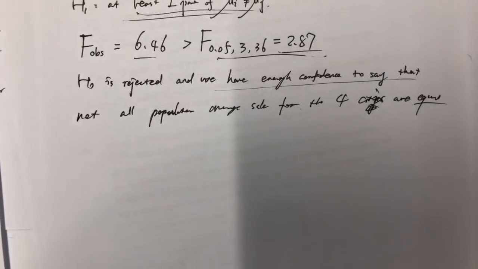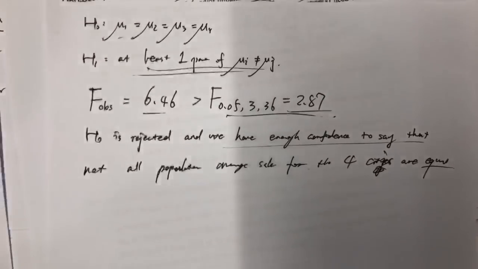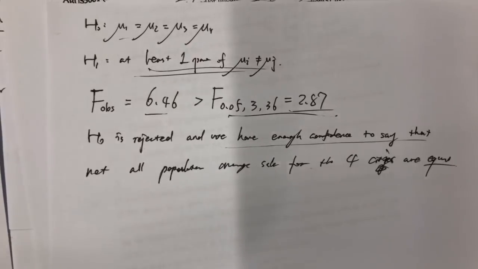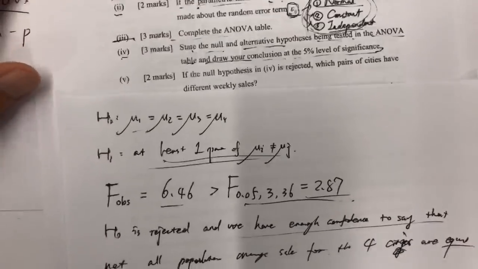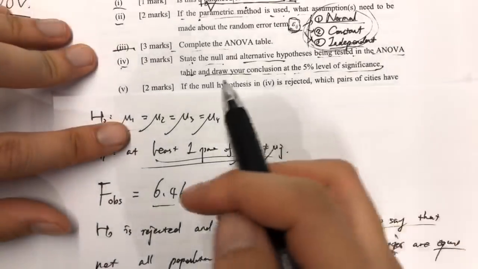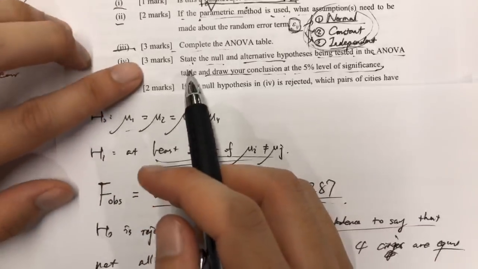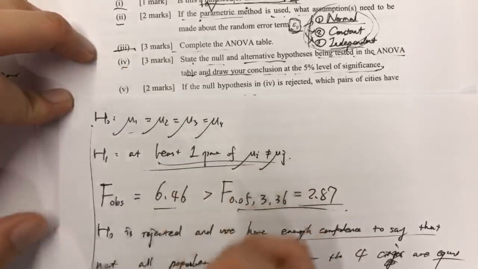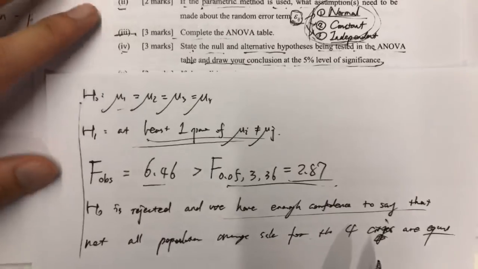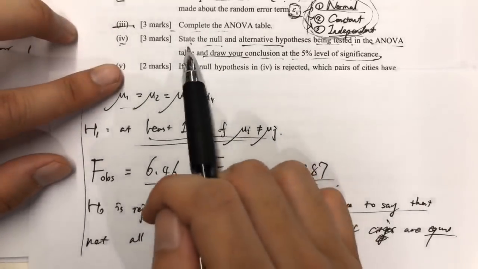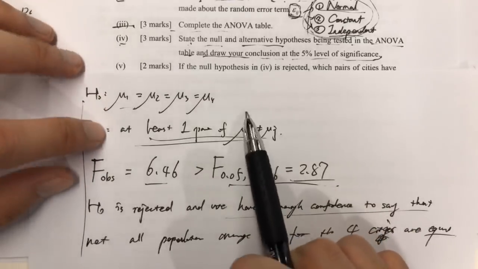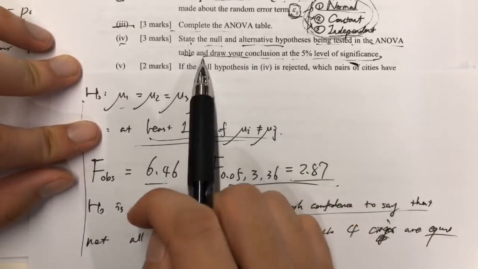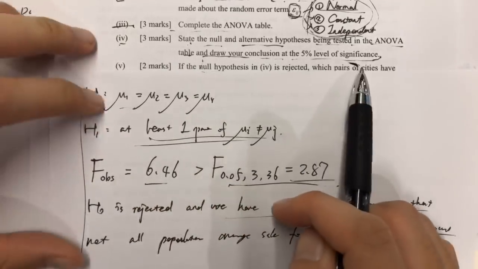Jun Xiu Ling is asking, Dear Tony, we need to build a more detailed answer than what you're writing right now. Am I right? What I suggest is that you need to answer what you are asked. In this question, my answer is enough to get full marks. It just states the null and alternative hypothesis, and then draws the conclusion at the 5% level of significance.